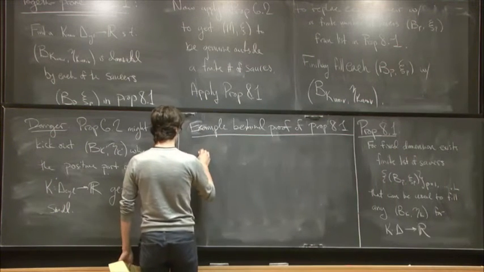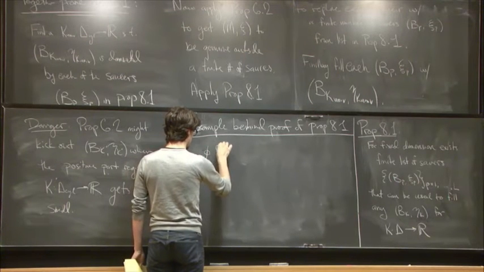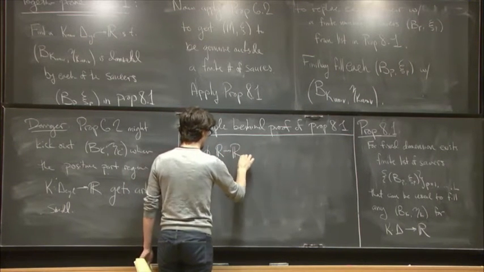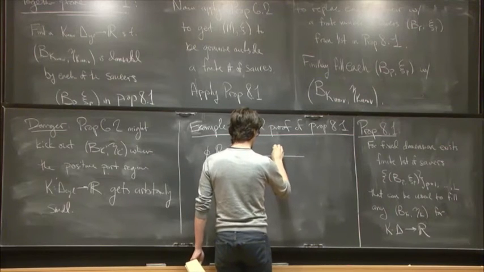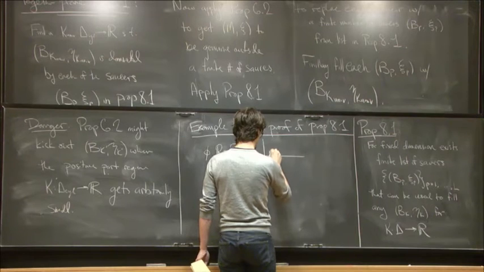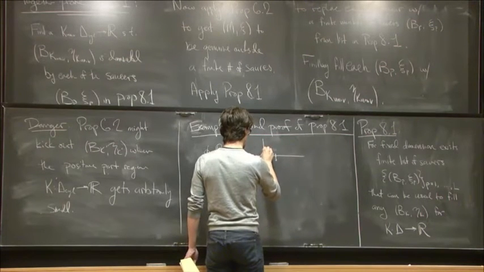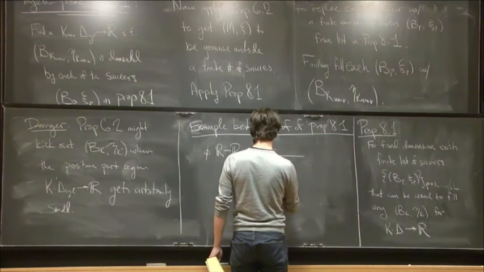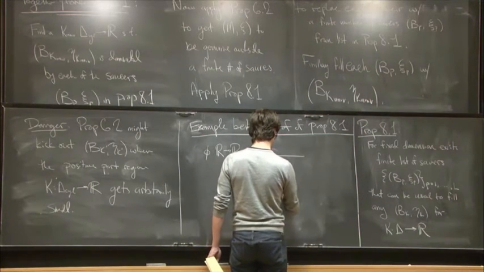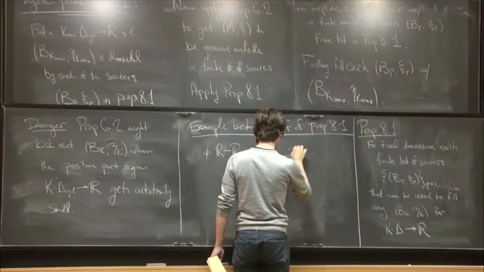So consider phi, the map from R to R, and it's this. From 0 to 1, it's just 1. From 1 to 2, it's down here, and then it's back up here again.